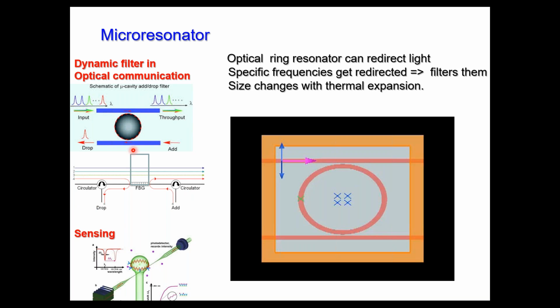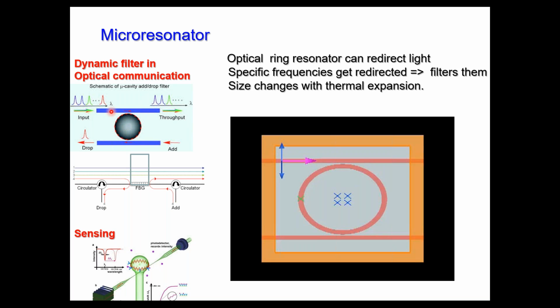But here, our micro resonator, suppose this is a microsphere that can trap light, and these are two optical fibers sitting very close to the microsphere. The similar function can be performed by a microsphere and two fiber combinations.